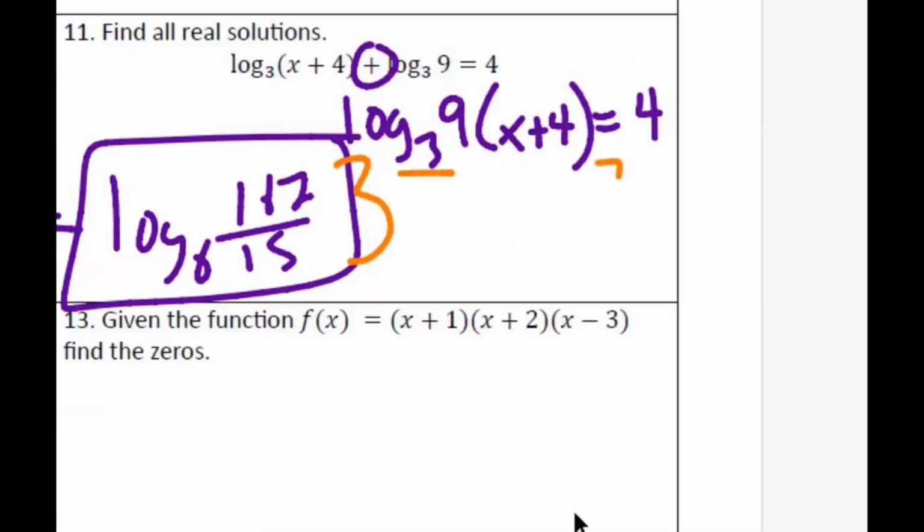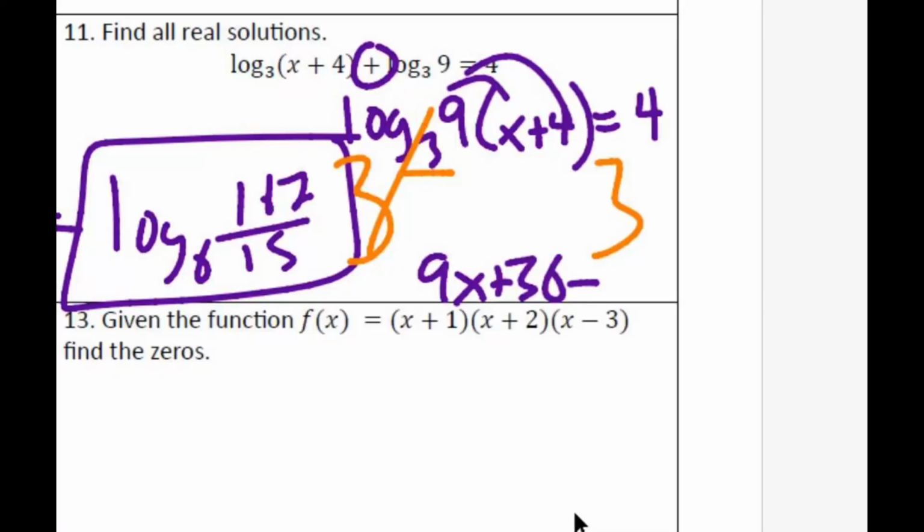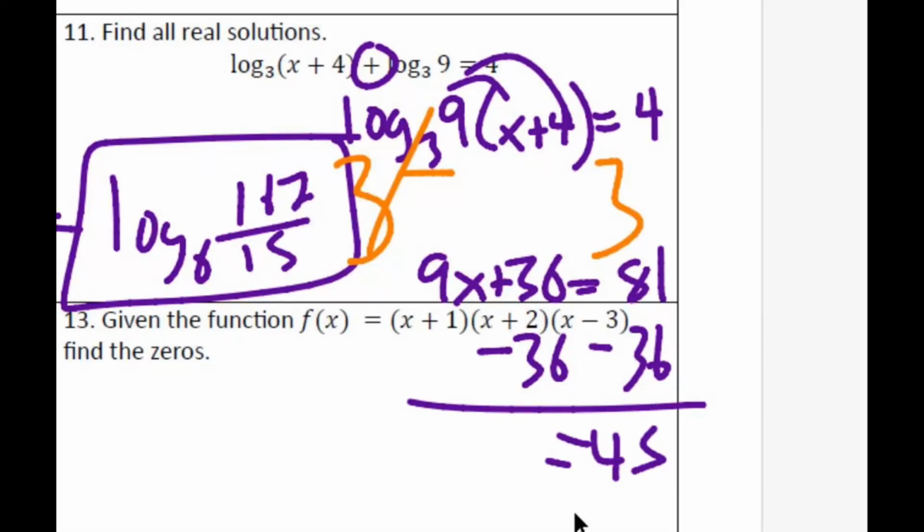So with respect to the base, that's going to cancel, and I'm going to have 9x plus 36. I'm just distributing this as I go. And then 3 to the 4th power is what that's saying on the other side, equals 81. I'm going to subtract 36 from both sides to get 45. And then I get 9x equals 45.